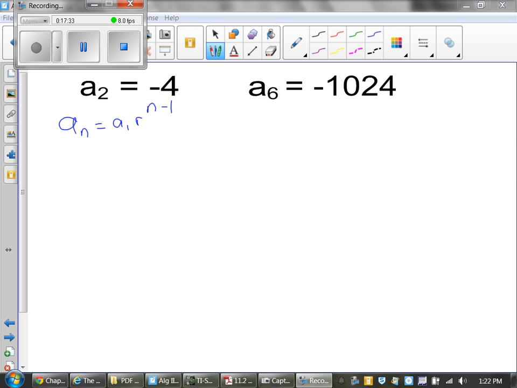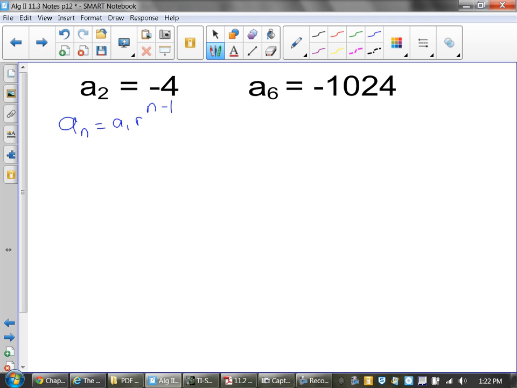It's a lot. So again, all you gotta do is fill in the blanks. Second term, first term to the r, 2 minus 1, negative 4. Same thing.